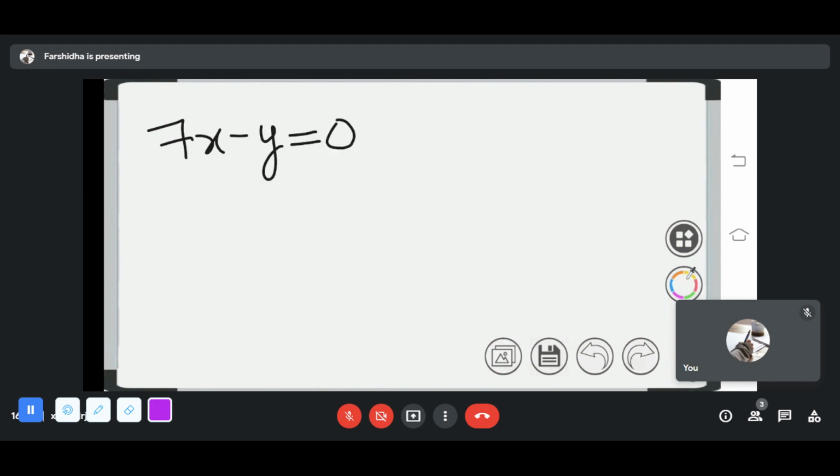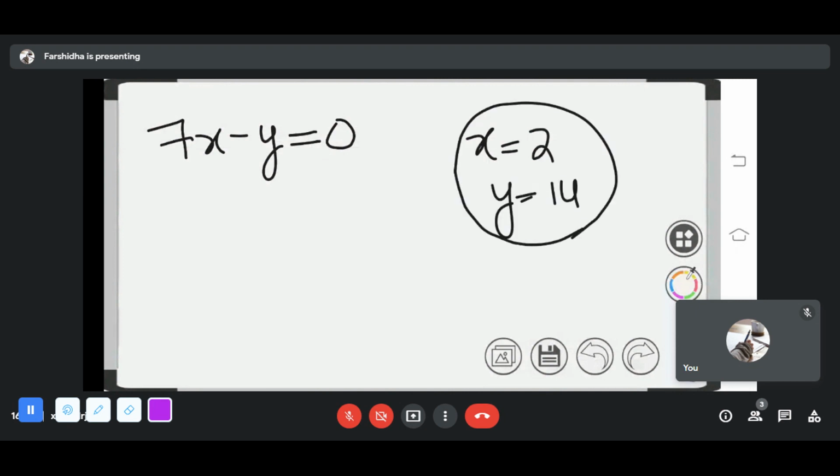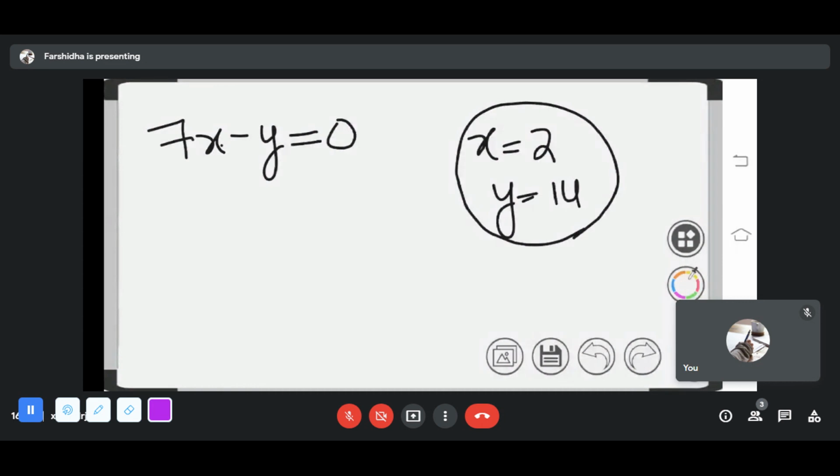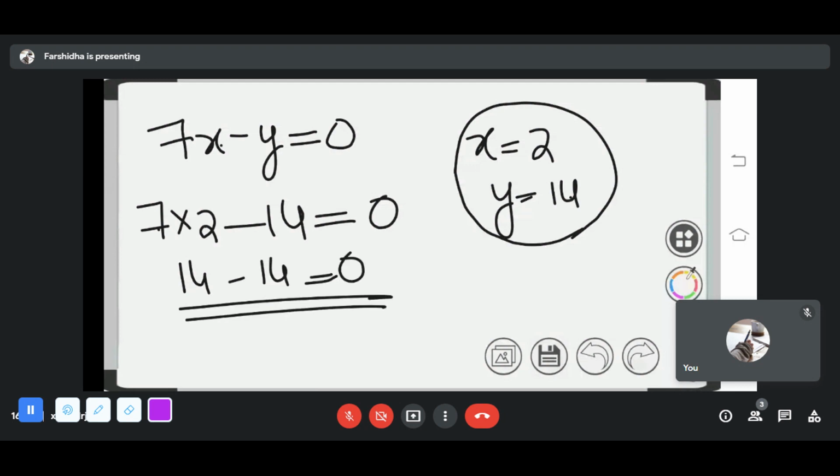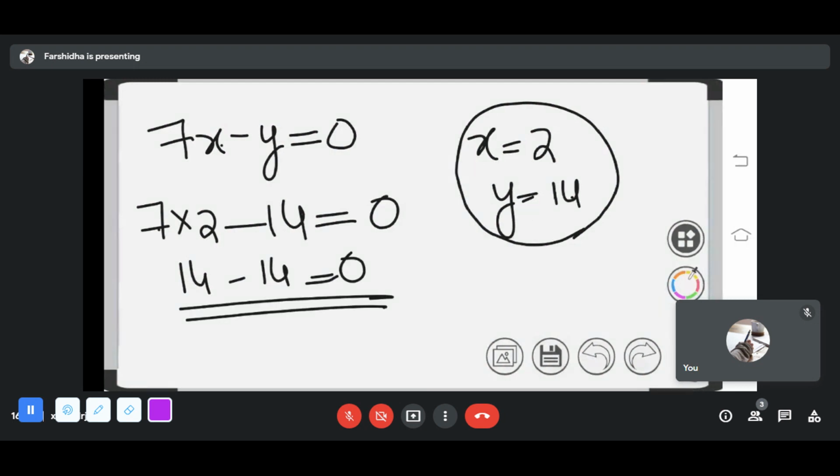So x is equal to 2, y is equal to 14. If I put x is equal to 2 here, 7 into 2 minus 14. Let's check am I getting 0 or not. 7 into 2, 14. 14 minus 14, 0. Yes, we are getting it. So this is your first equation: 7x minus y is equal to 0.